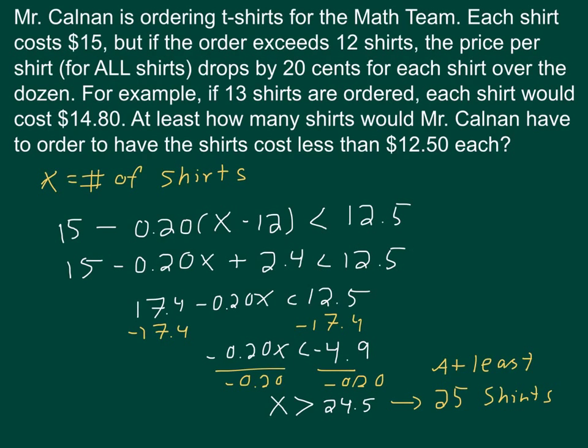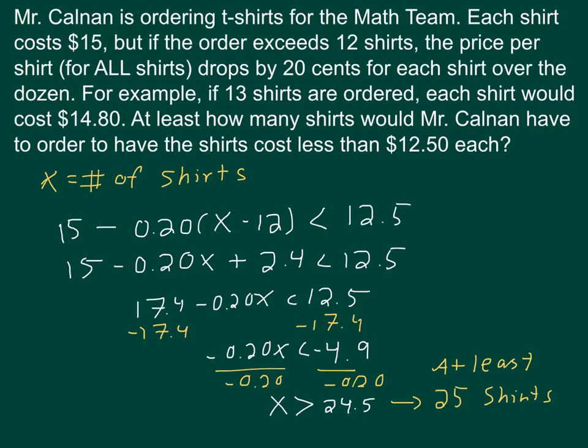Now I do want to mention something about this inequality that we've set up here, the 15 minus 0.20 times x minus 12. This part of it tells you the price of the shirts based on ordering x shirts. However, it's inexact. It only really works for a certain amount.